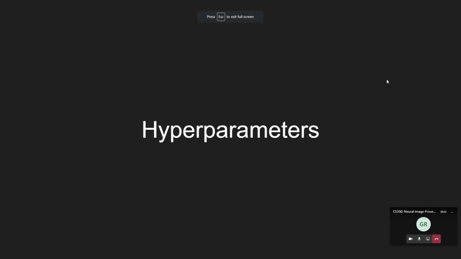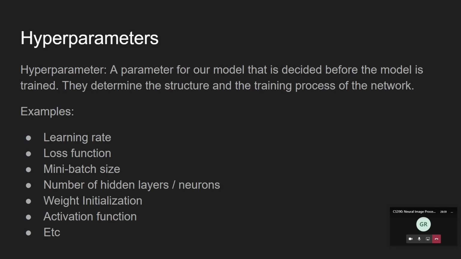Let's go on to hyperparameters. So, what's a hyperparameter? A parameter could just be like the weights. Usually if people say what are the parameters of your model, these are going to be the weights and the biases.